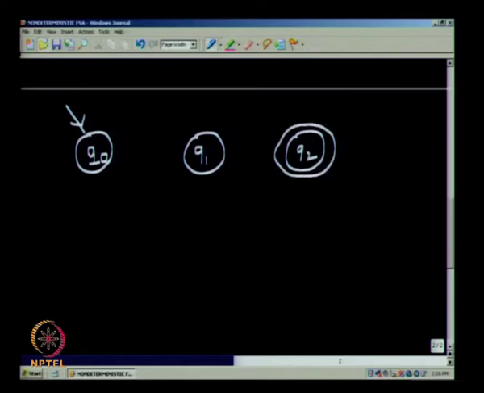Q0 is the initial state and Q2 is the final state. The transitions are given by this diagram. The language accepted will be a string of A's followed by a string of B's. So, such a string will be accepted.